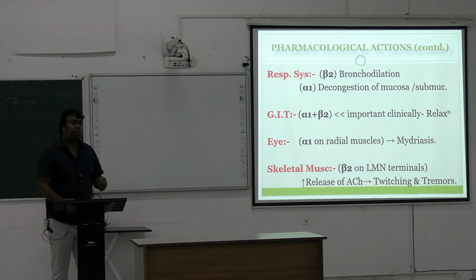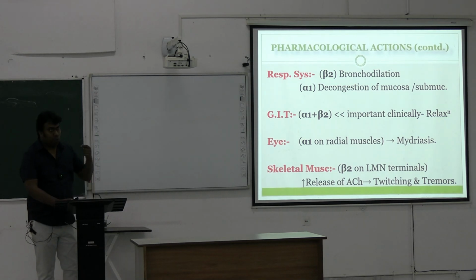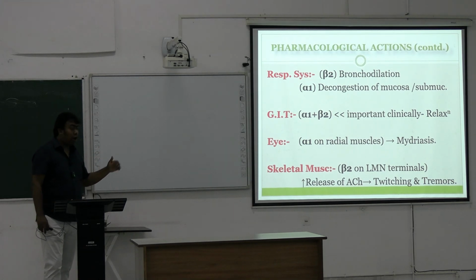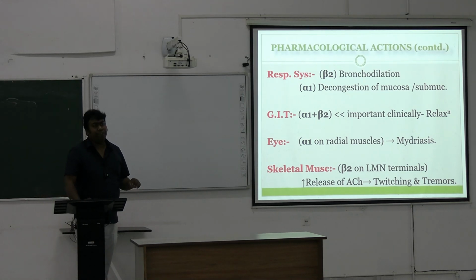We give salbutamol by a route. Which route? Salbutamol, terbutaline. By which route do we give them? Inhalation route. But if we give salbutamol by the oral route, then what happens? There is a side effect of tremor and twitching of the hands and feet.